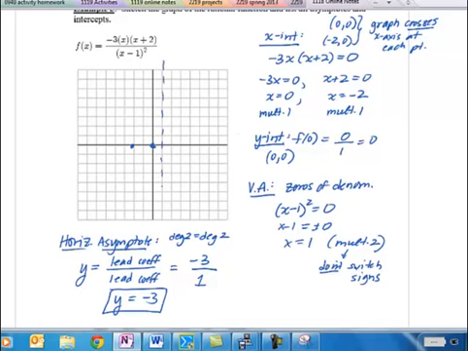And if we make some notes, we want to cross at each of these x-intercepts, and we don't switch signs on either side of the vertical asymptote. Our horizontal asymptote, remember, is just on the right and left edge of the graph. So let's do this.